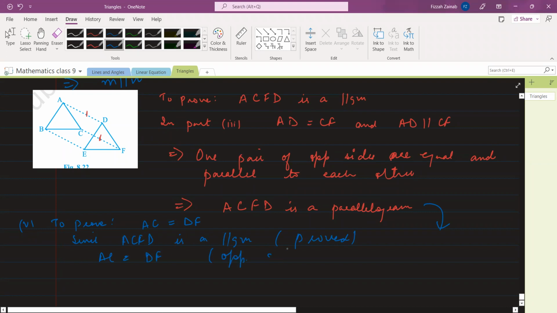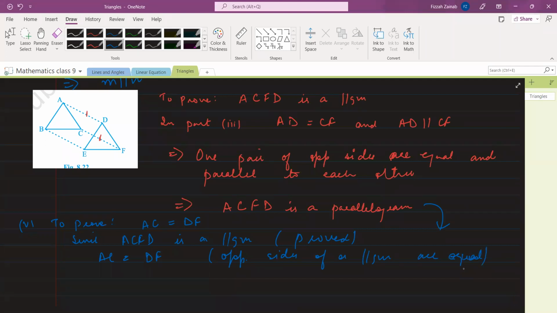Opposite sides of a parallelogram are equal. Right? Well, now the next part of this question.